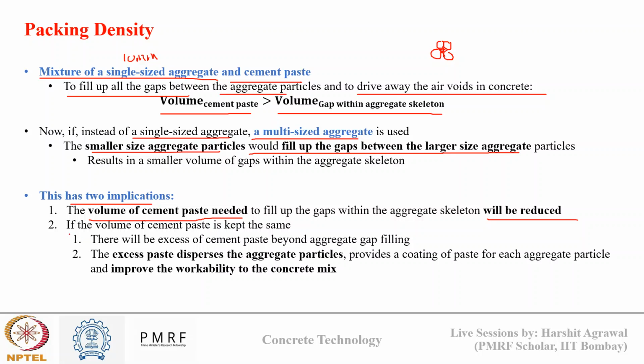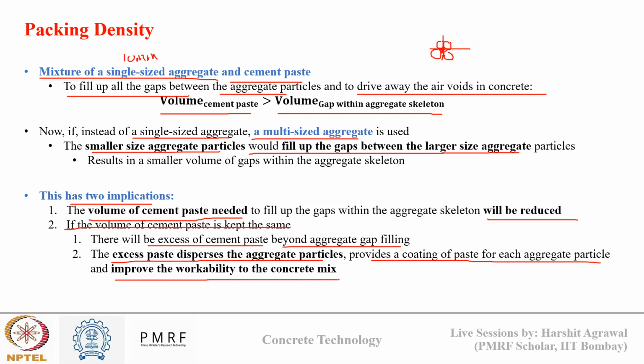And if I keep my volume of cement paste the same, if I'm not reducing my cement paste volume, what will happen? There will be an excess of cement paste beyond aggregate filling, and that excess paste will help me to disperse the aggregate particles. The excess paste will go in between the aggregate particles, and provide a coating of paste on each aggregate particle, which will improve the workability of the concrete mix.